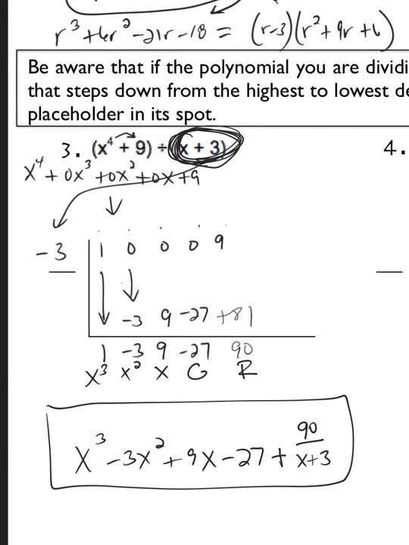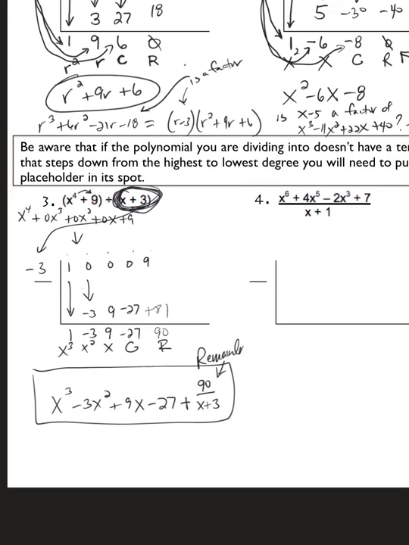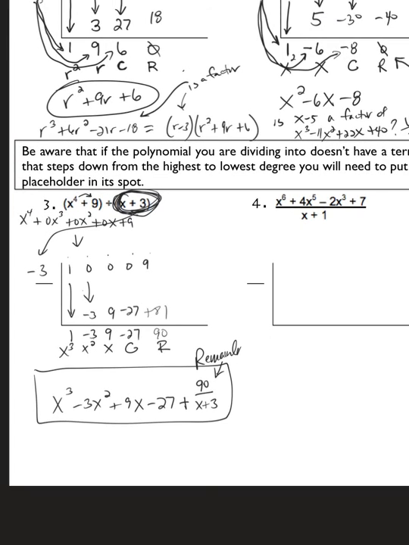So you learned two things there. You learned about having to put all of those placeholders in there, and also what to do if you have a remainder. Looks like that. And that's okay. That would mean that x plus 3 is not a factor of x to the 4th power plus 9, but we can divide and express what the result is.